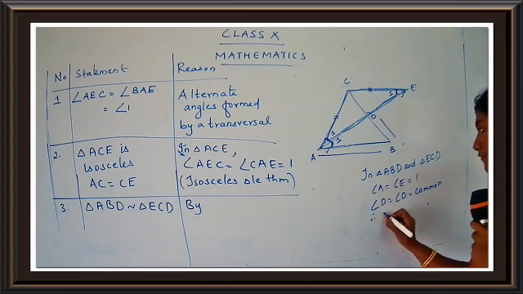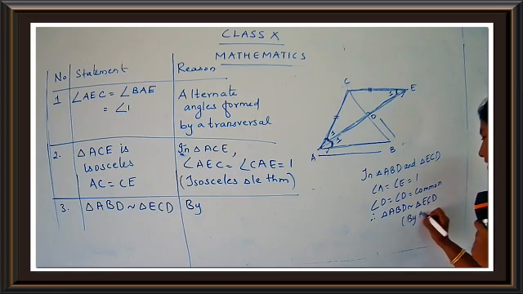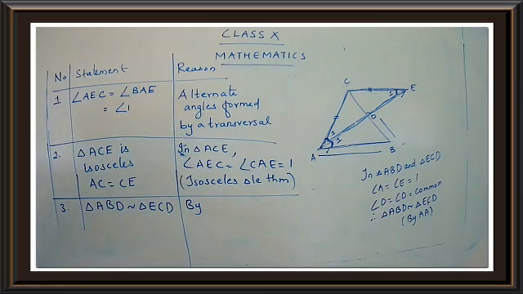Therefore, triangle ABD is similar to triangle ECD by AA similarity. Write down the explanation with the help of a pencil, don't write with a pen. They have given the step directly, so I have explained to you how we get that step.